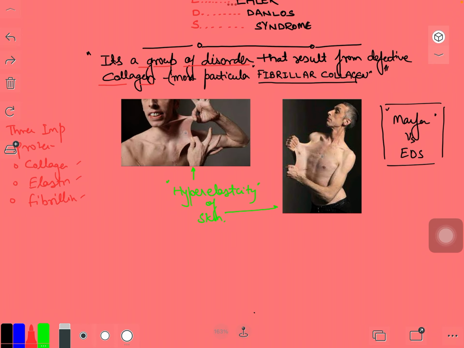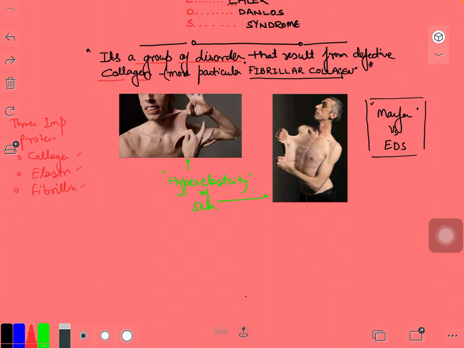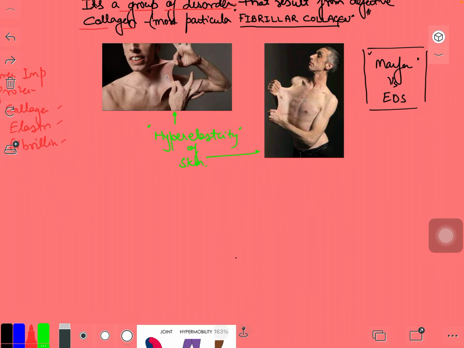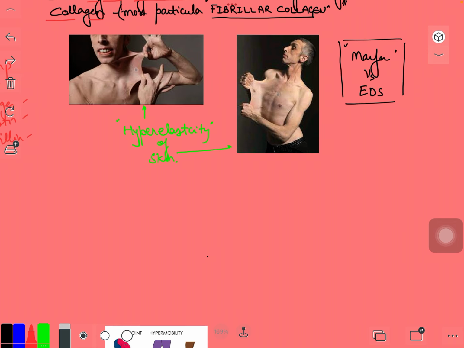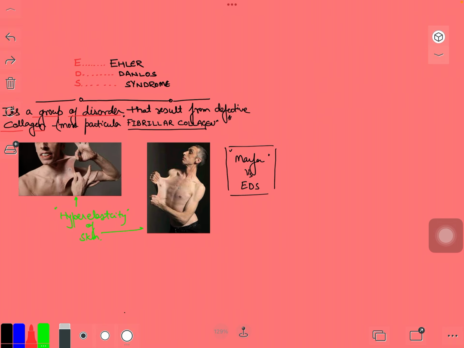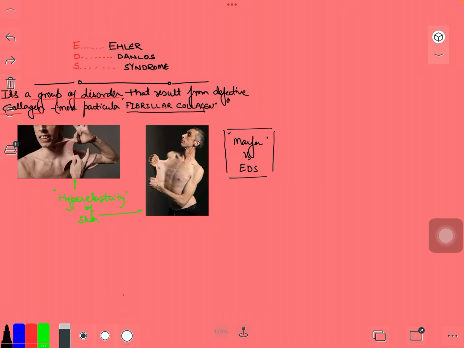These important proteins are widely distributed in our tissues and give characteristic features to the different types of tissues, right? Their distribution plays an important role. So it's a group of disorders. Being said that, let's quickly discuss the types of disorders.